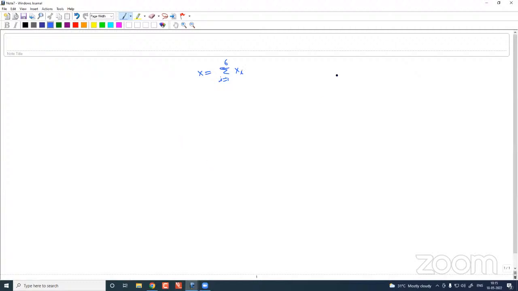Yes. And we have to find the expectation of x here, right? So how will you find it? The normal formula is to find the probability of each x, into x.